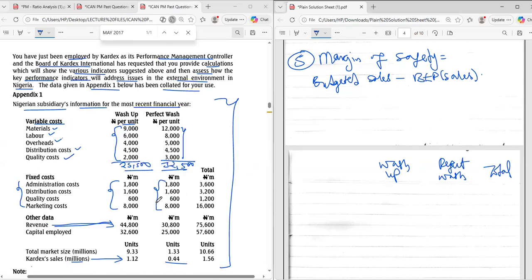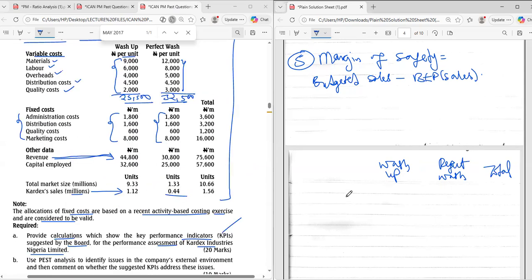Budgeted sales is the sales given to you in the question. 1.12 and 0.44, 1.56. That's the sales in units.